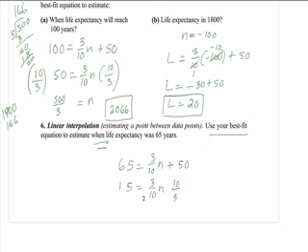Multiply by 10 over 3. Yay, it cross cancels. 1950. So if n is years after 1900, then the year was 1950. That doesn't seem too far off to me.